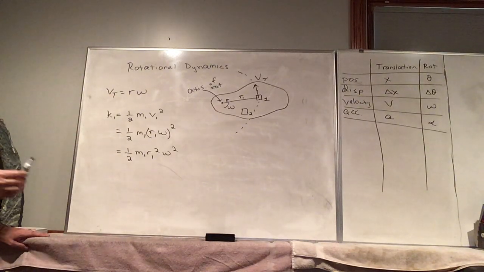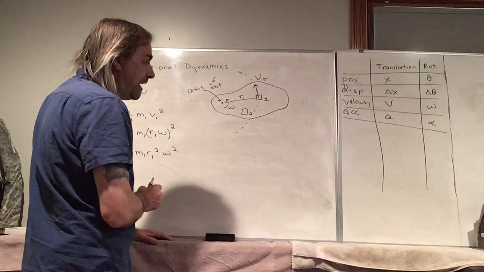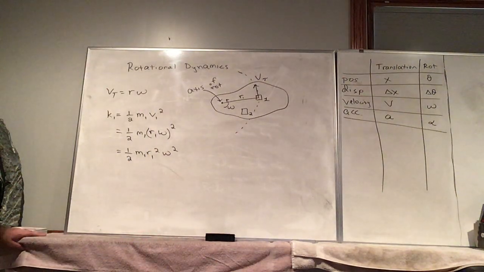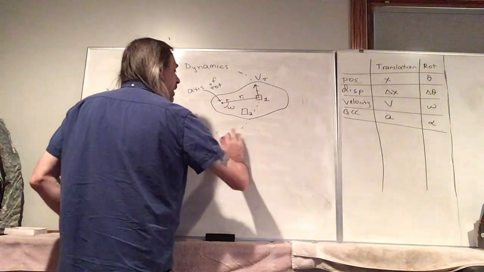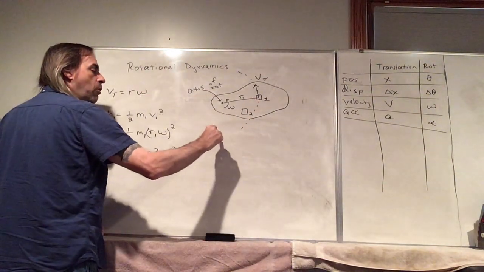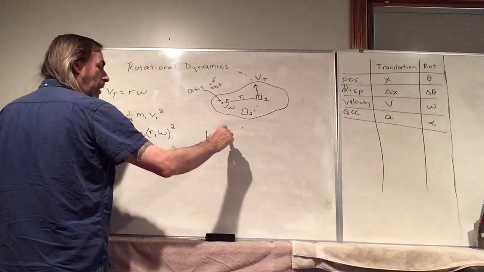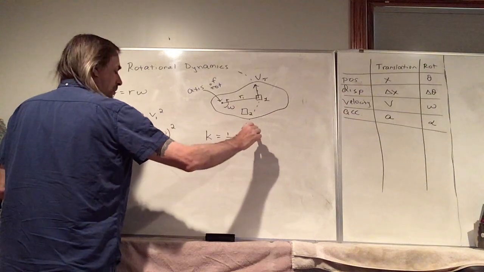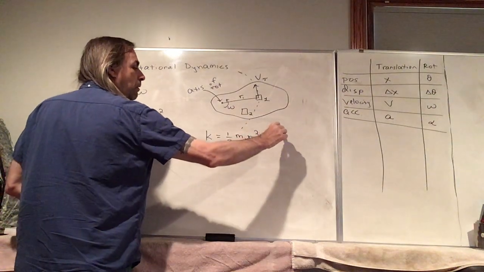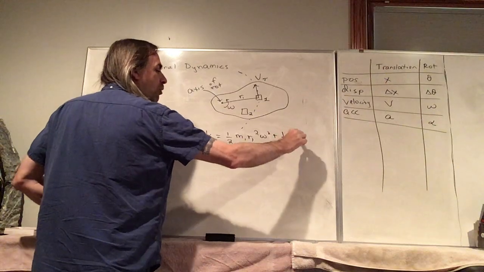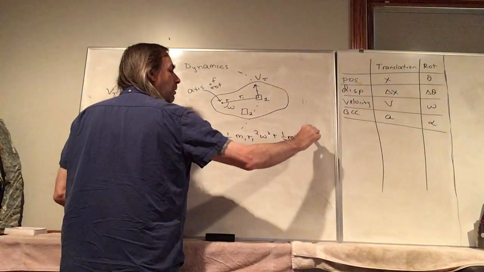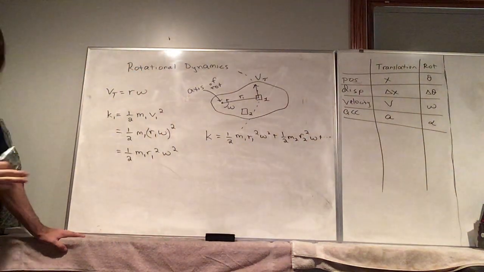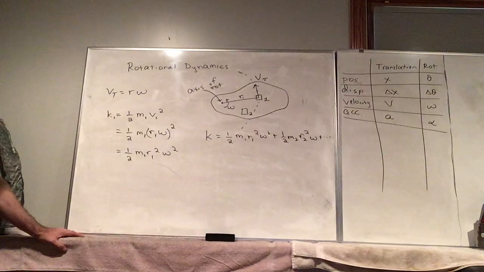And if we want to know the kinetic energy of this rotating object overall, then we have to add up all the pieces. So we break this object into pieces and add them all up. So the overall kinetic energy, I'll just write the first couple. Okay, so again, we add up over all these pieces, and I guess 2 is enough.